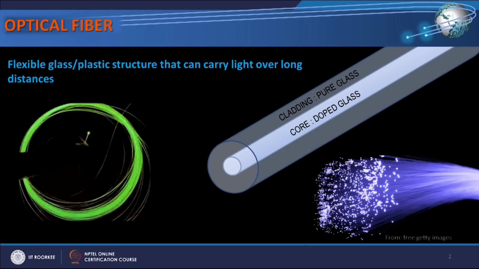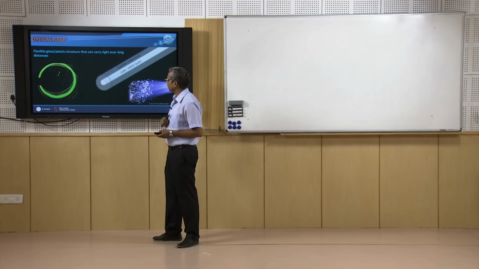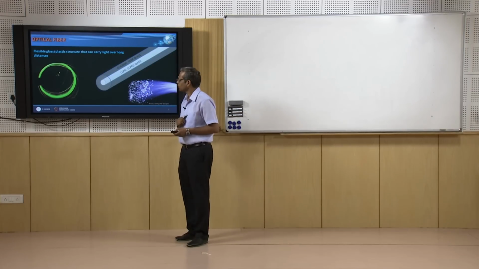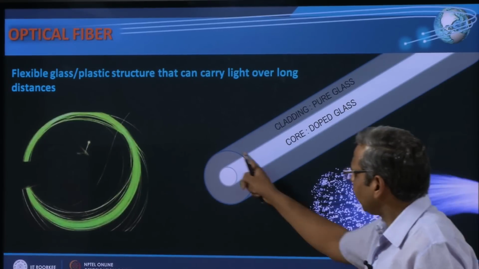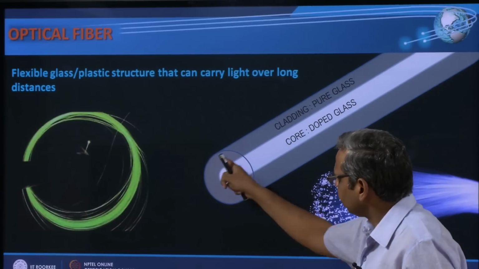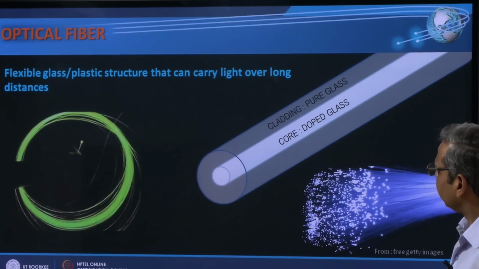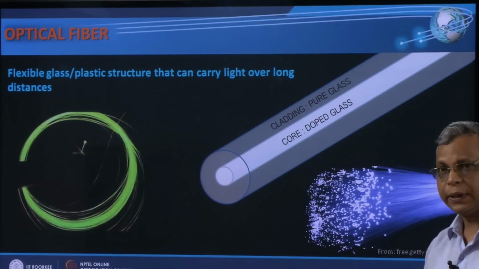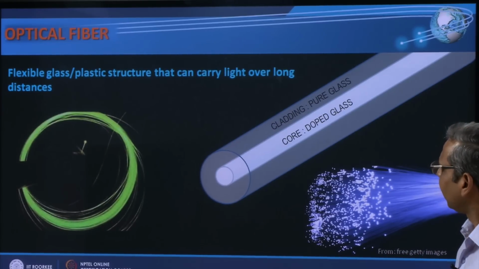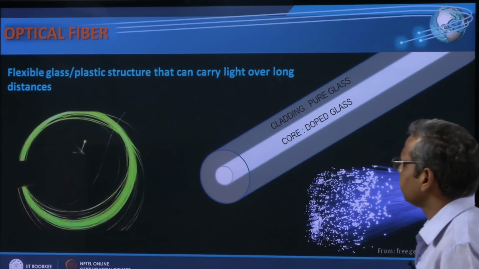having a very thin core in the center, which is made of a certain material. Here I have shown it is made up of doped glass, and it is surrounded by another material which is called cladding. This material can be, for example, pure glass, and this region is called cladding.